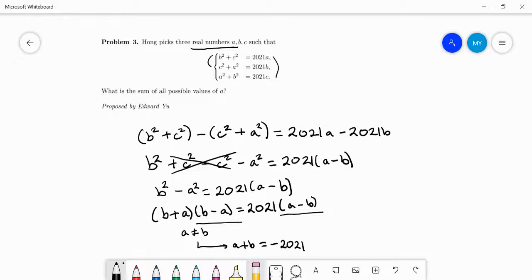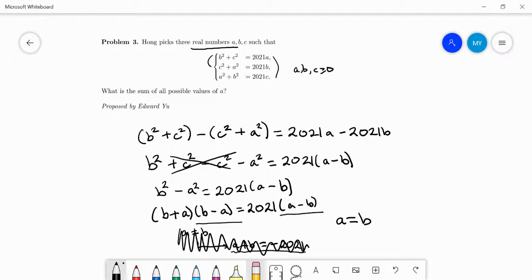So we actually have that a, b, and c are all greater than or equal to 0. So that means this equation, a plus b equals negative 2021, is untrue. So our assumption that a is not equal to b is false. This scenario just cannot happen at all. Which means, in fact, that we can't divide by b minus a in these 2 equations, which means that b minus a equals 0, so a equals b.